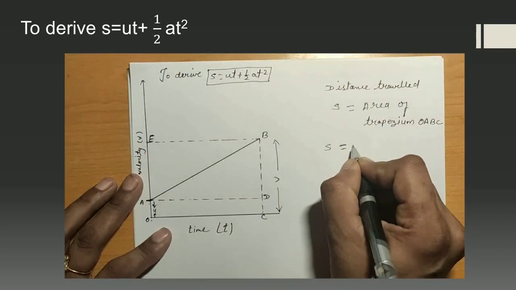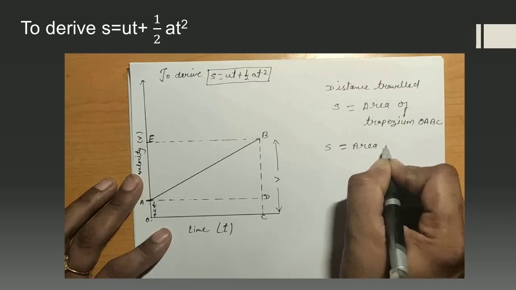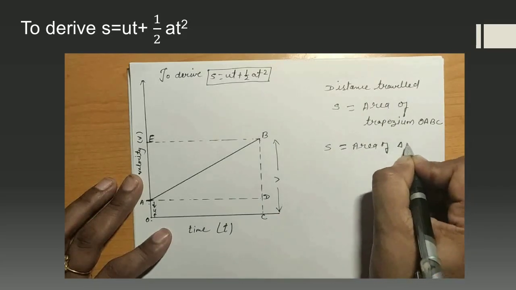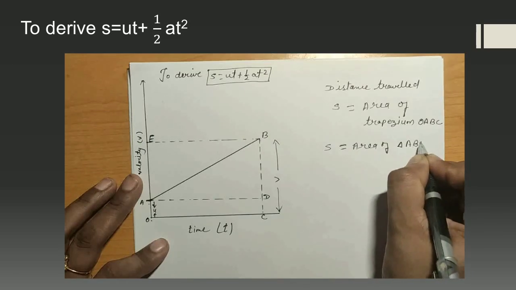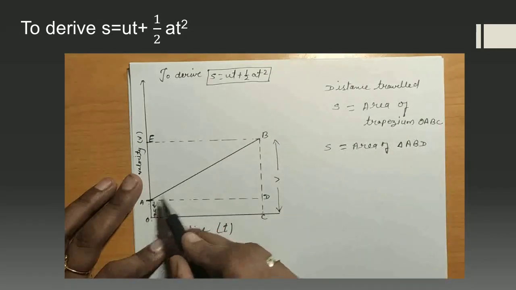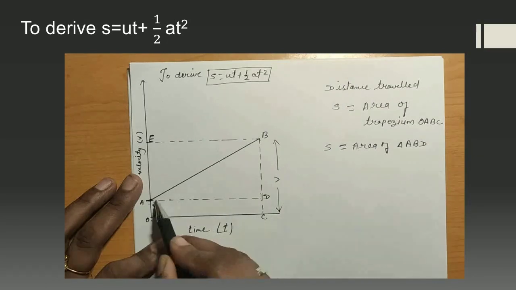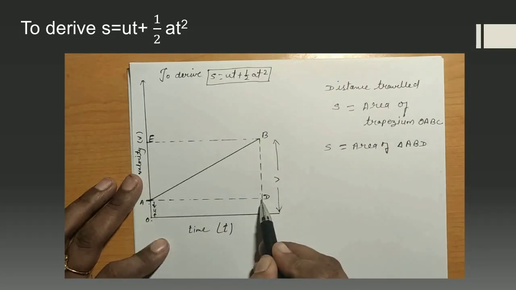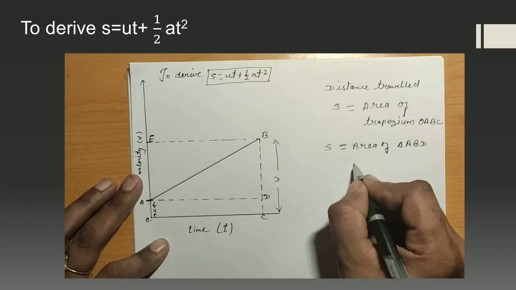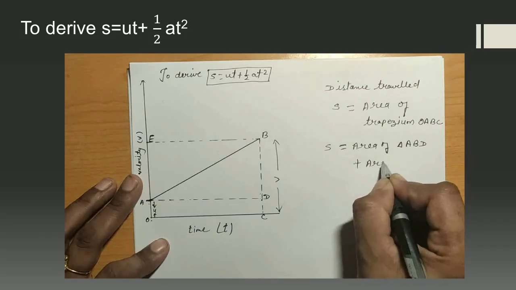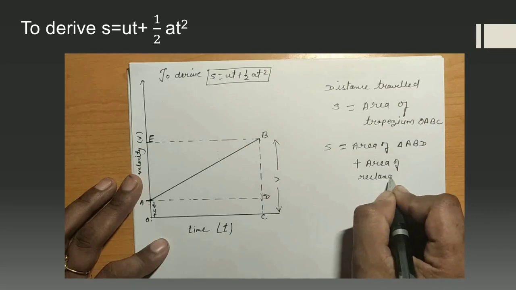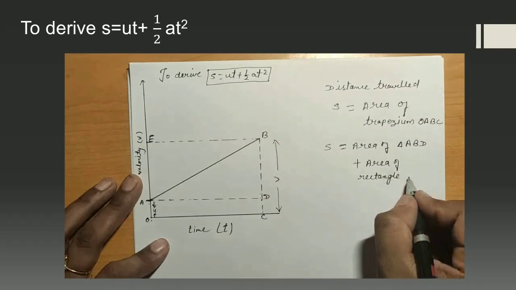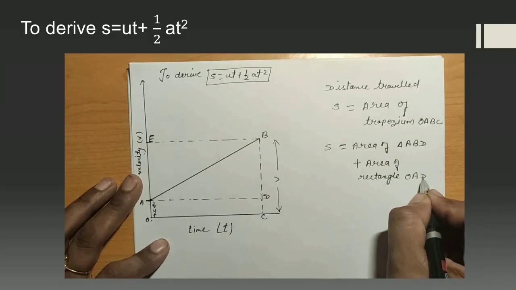So it will be equal to the area of triangle ABD, here A, B and D, plus the area of rectangle OADC.